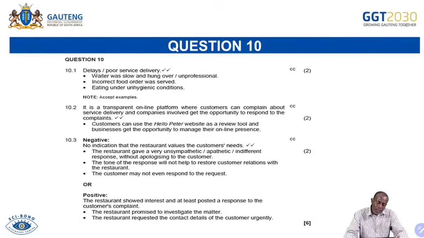Or you can also say customers can use the Hello Peter website as a review tool, and businesses get the opportunity to manage their online presence. 10.3, the negative that is derived from the whole scenario is that there is no indication that the restaurant values the customer's needs. The restaurant gives a very apathetic, indifferent response without apologizing.